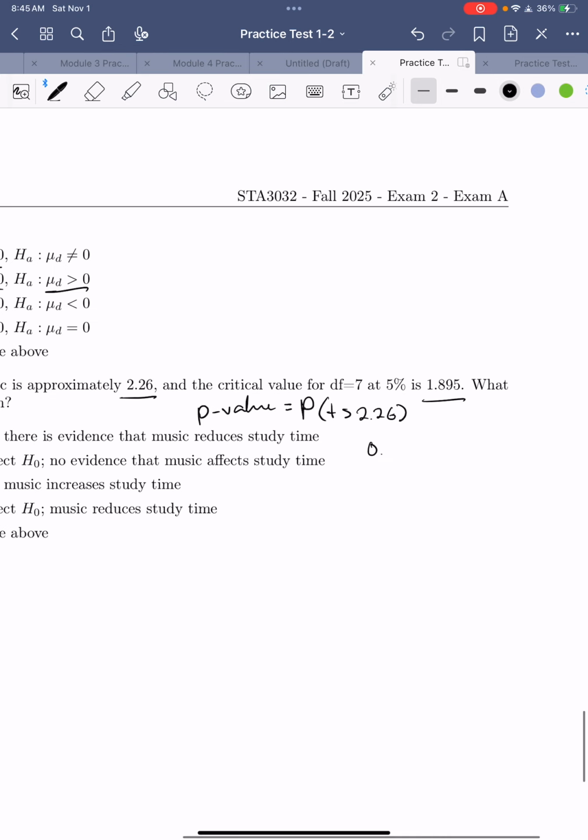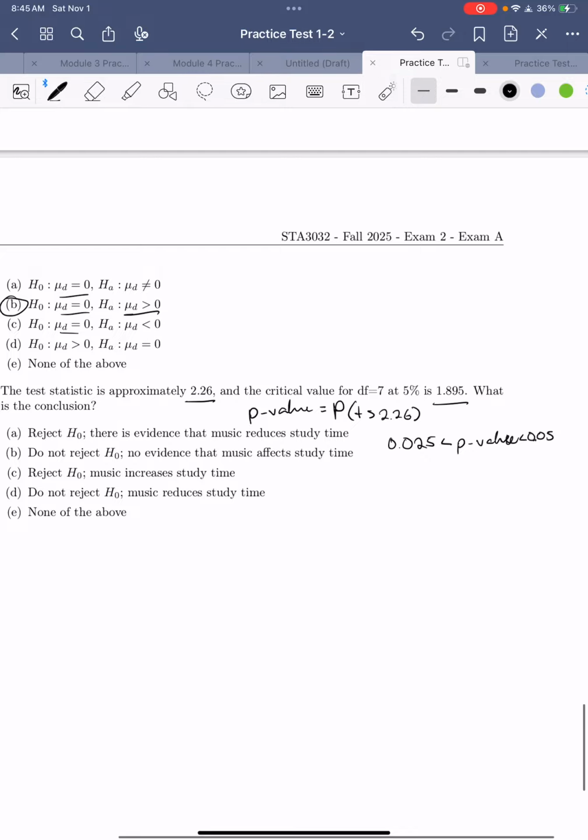So we have that it's less than our 5%, so it's less than our significance value, and so we can reject our null hypothesis, and then we are testing against our music reducing our study time.